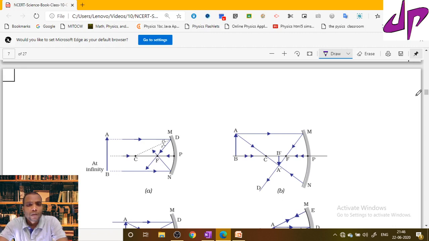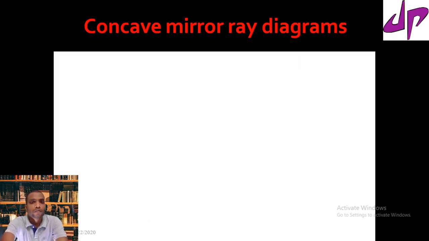Where would be the position of the image, and what would be its nature and type, etc.? So these points we have to specify in this question. So you need to pay more attention to how to draw the ray diagrams. Let's see one small example.